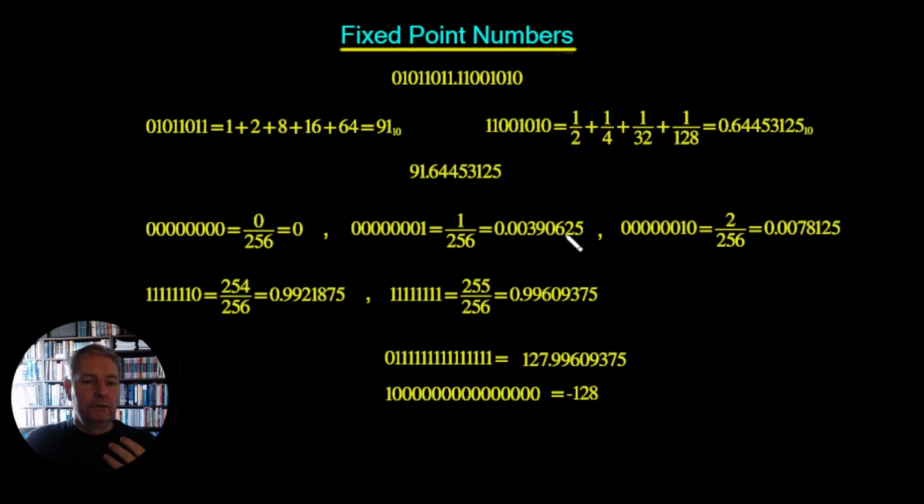Now we can continue doing this all the way up to the second last one, which would be 254 upon 256, which is this one, and then our 255 upon 256, which is this one here. Now it doesn't go up to 256 because it starts from the value of 0. So 0 up to 255 is actually 256 values.